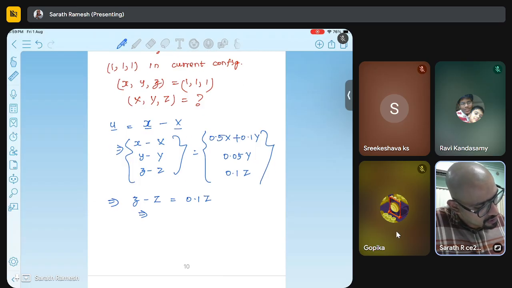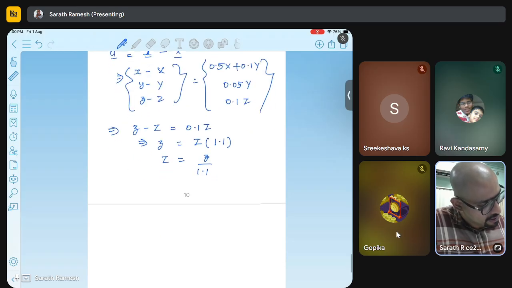Capital Z is common: 1 plus 0.1 is 1.1. So capital Z is equal to small z divided by 1.1. One done. Second one, y minus capital Y is equal to 0.05 capital Y. So y equals 1.05 capital Y, so capital Y equals small y by 1.05.